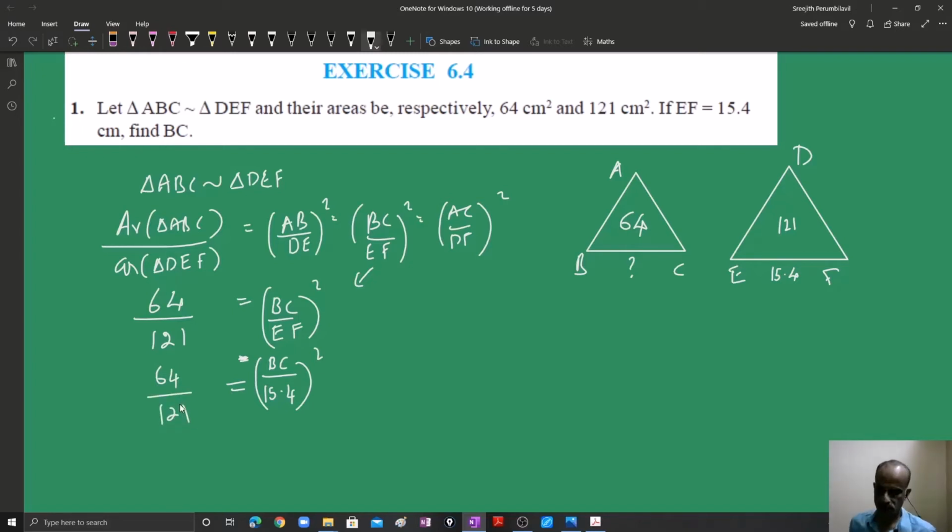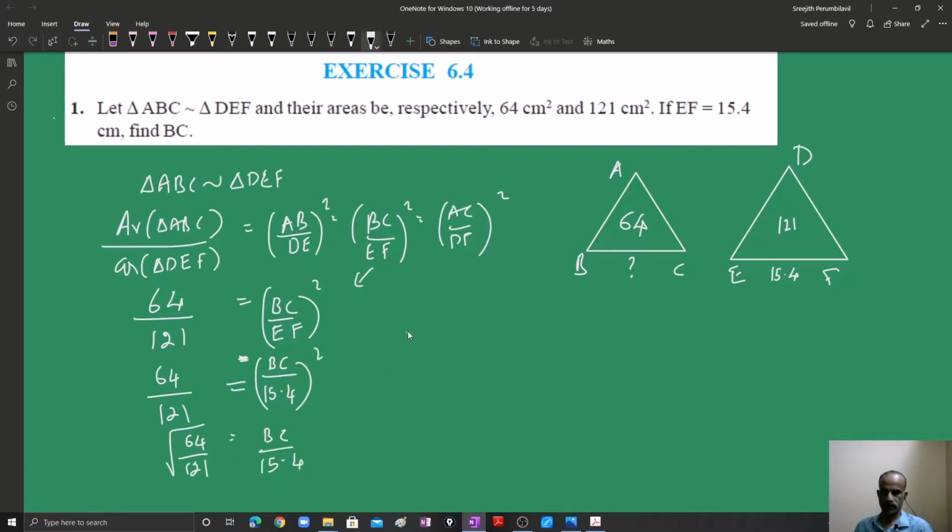Now often the next mistake done in this question is that they square this. Don't square it, take the square root. So what happens here? Root of 64 by 121 will be equal to what? BC divided by 15.4.